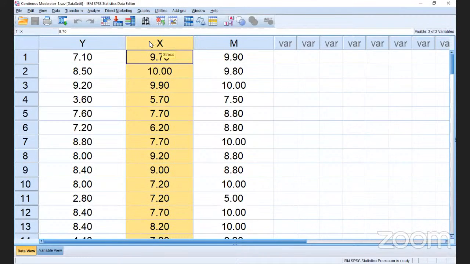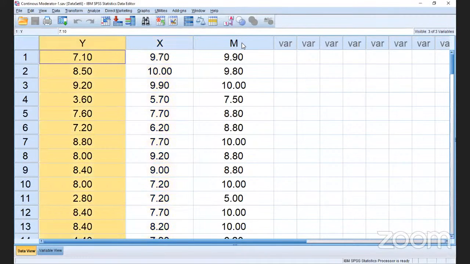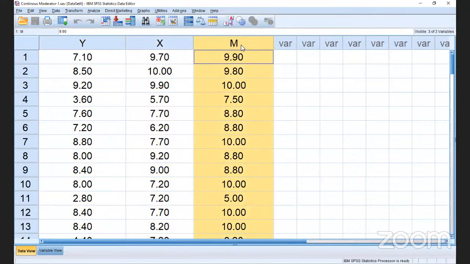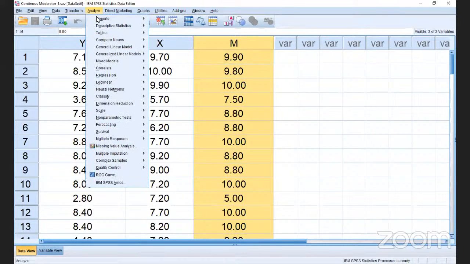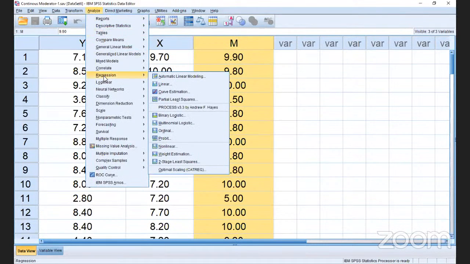So the relationship between y and m, again it is positively correlated and significant. We have checked it. Now we will use multiple regression analysis. This is the third equation, the multiple regression equation: Analyze, Regression, and Linear.